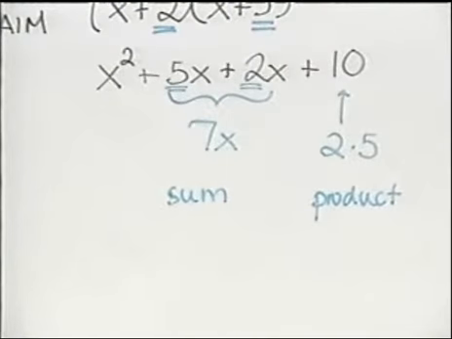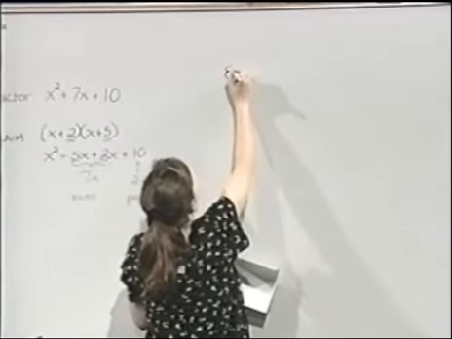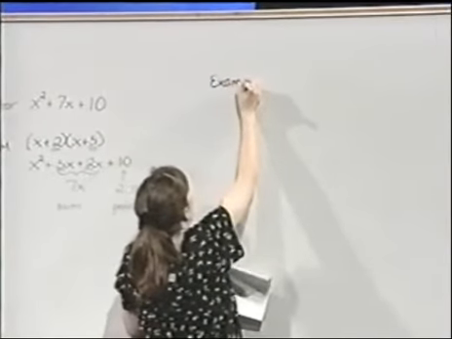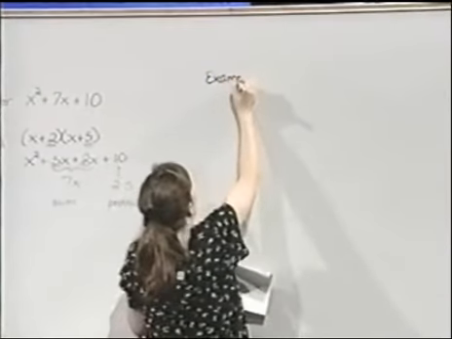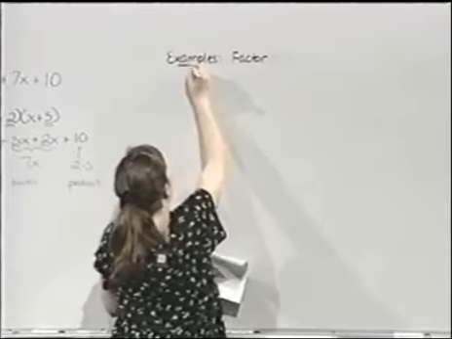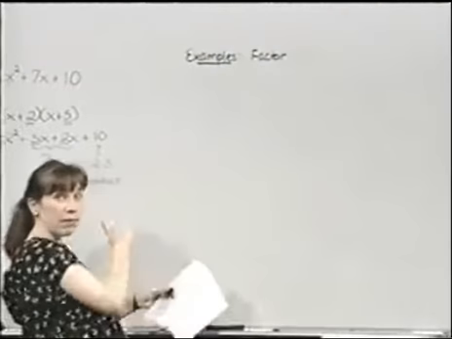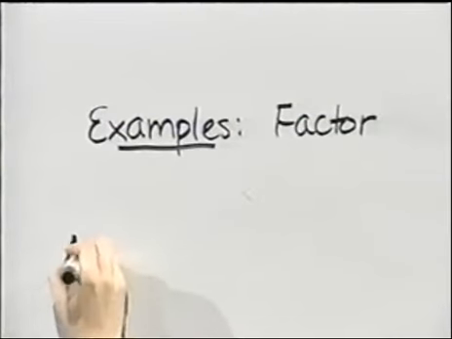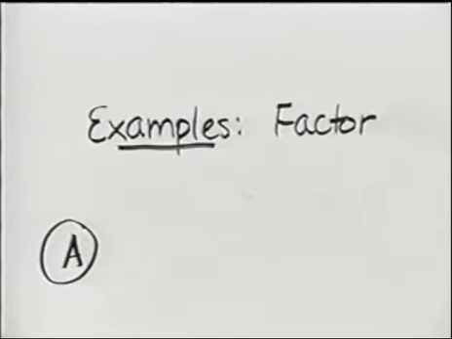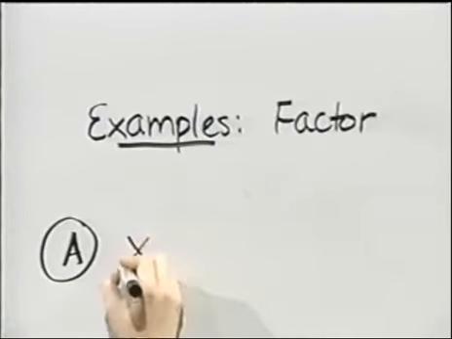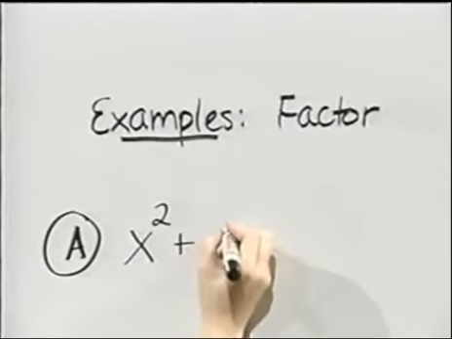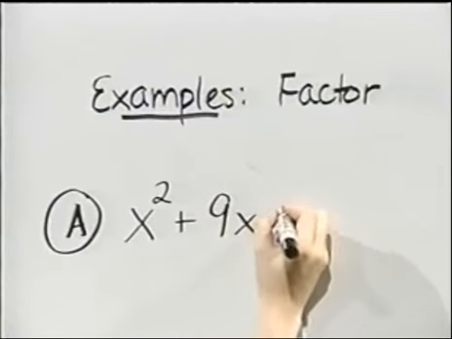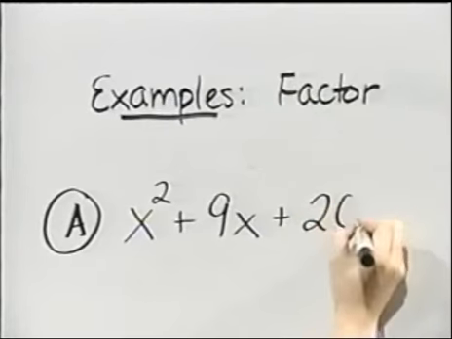So let's do a bunch of examples. Let's factor each of the following polynomials, and in each case we're going to use the method I just described. Let's take the first example, x squared plus 9x plus 20.